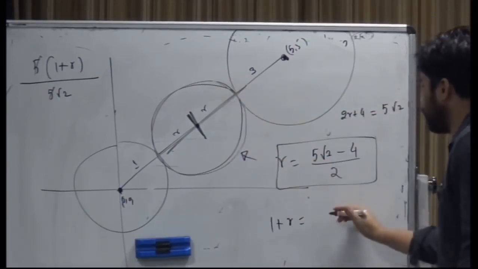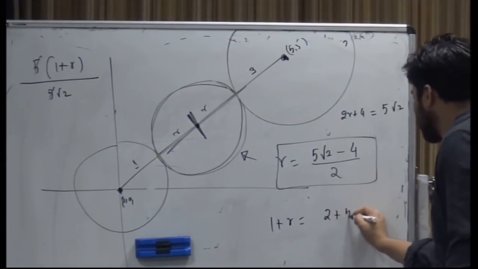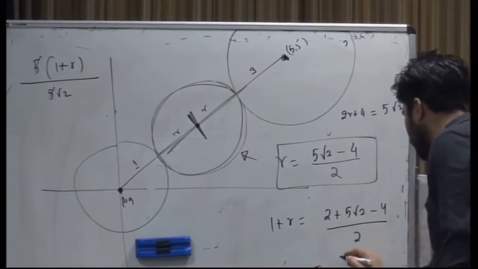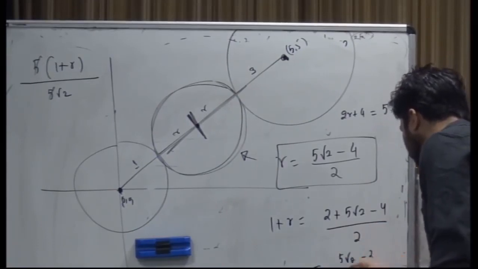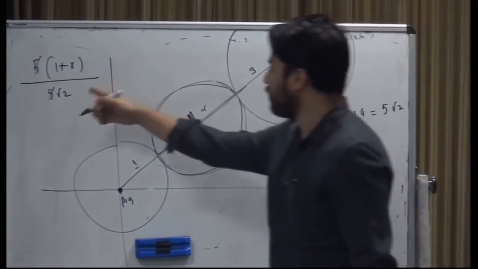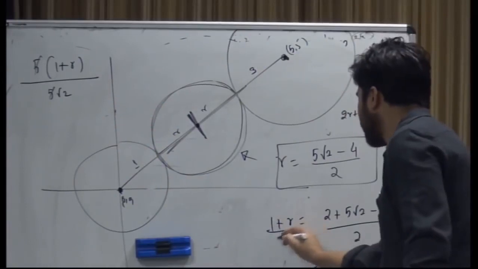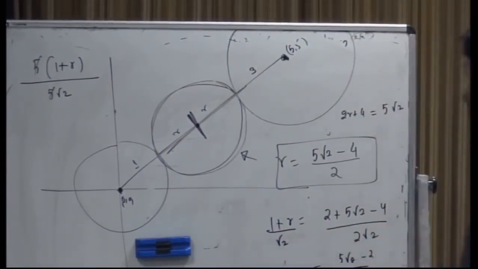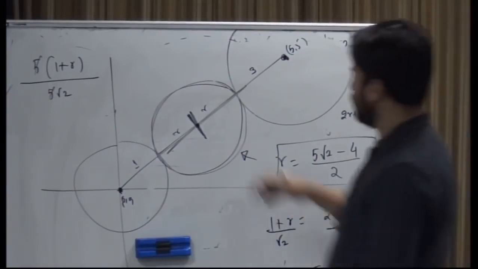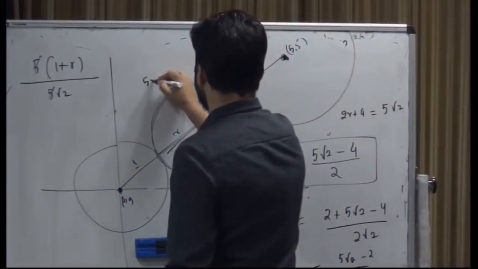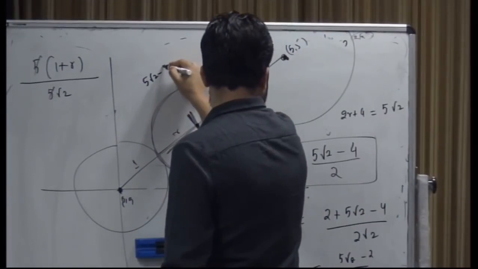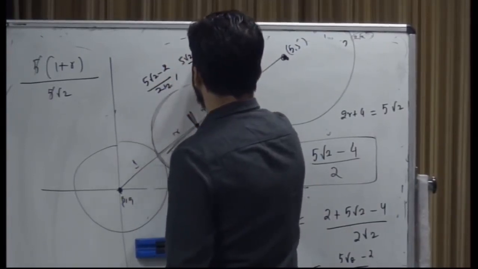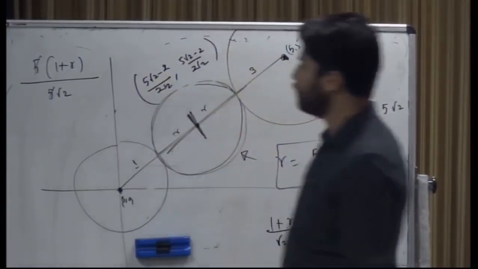So 1 plus r is going to be (2 plus 5 root 2 minus 4) by 2, which is nothing but (5 root 2 minus 2) by 2, and basically you have to find (1 plus r) by root 2. So this becomes 2 root 2. So you got your center. The center is ((5 root 2 minus 2) by 2 root 2, (5 root 2 minus 2) by 2 root 2).